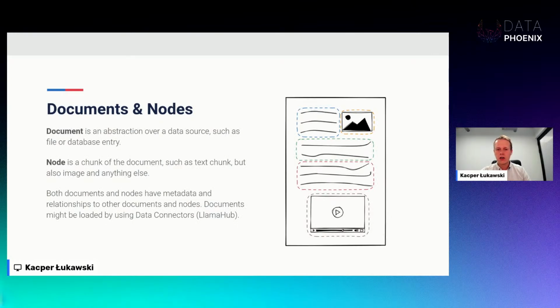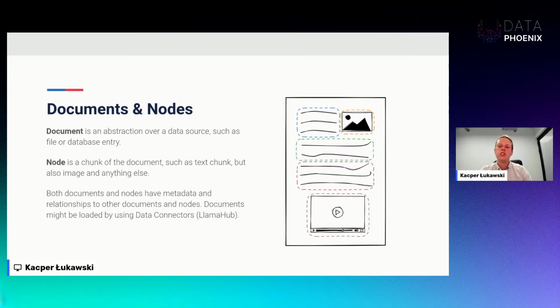So it also has a concept of a document, but document here is something more general. It's self-explanatory probably, but a document may contain multiple data, and a document is an abstraction over some data source. Let's say you have a PDF file or a row from your SQL database. This is, in a nutshell, a document.